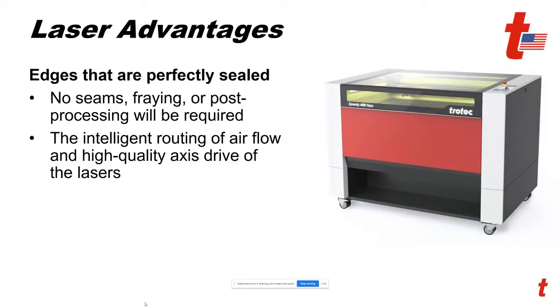The other advantage is the edges when cutting the materials are perfectly sealed, especially on your polymer-based fabrics. Polymers, which is a plastic base like your nylons and your polyester-based fabrics and stuff like that, will actually seal the edges, keeping them from fraying. So that is a clear advantage over mechanical means, due to the fact that the laser's heat will actually keep those fabrics from fraying afterwards.